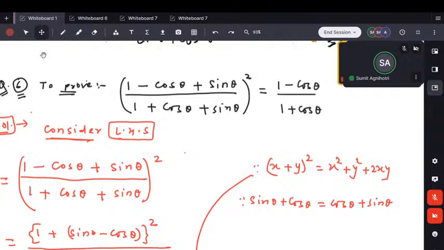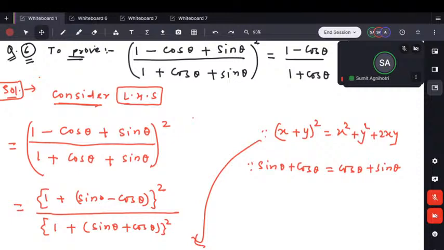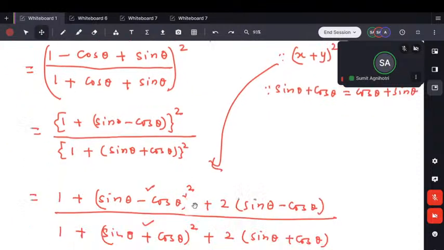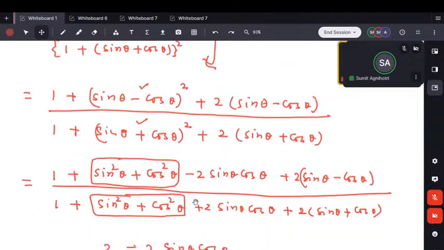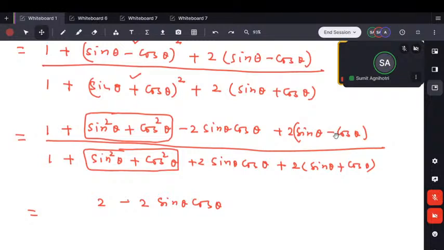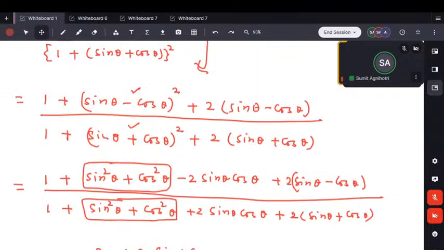Now after this, what to do to get this value? How much we obtained? We have just obtained 2 minus 2 sin theta cos theta, and this value is also here. It will be a bit difficult to get answers.